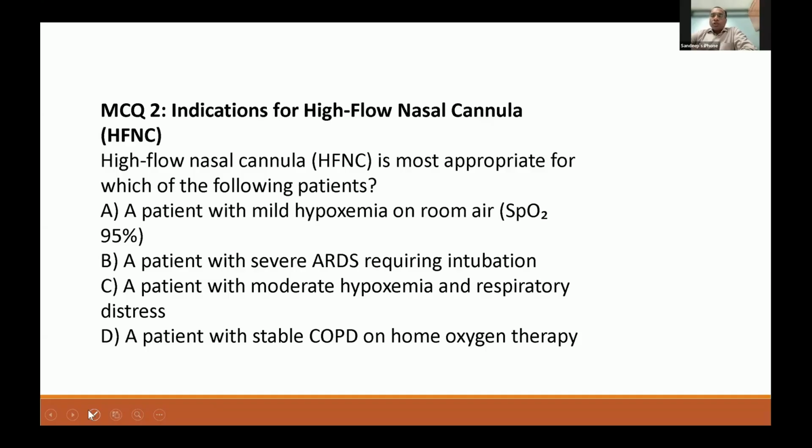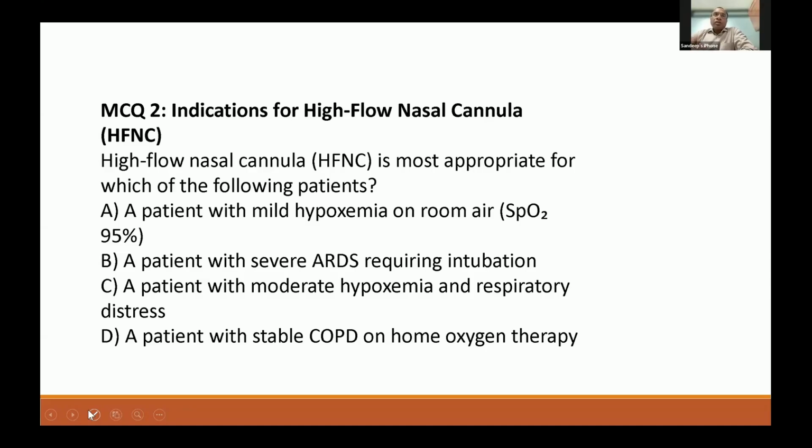It is used again to deliver fixed amount of oxygen flow. It also gives a little bit of PEEP. So apart from oxygen, it gives a little bit of PEEP. And in patients who have moderate hypoxemia, this is a very, very good device.